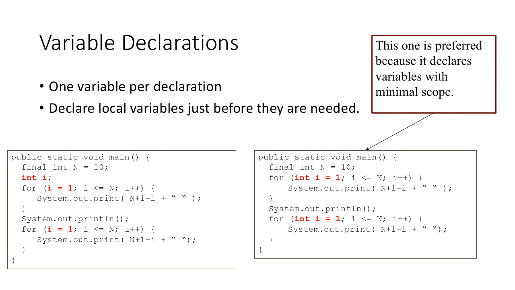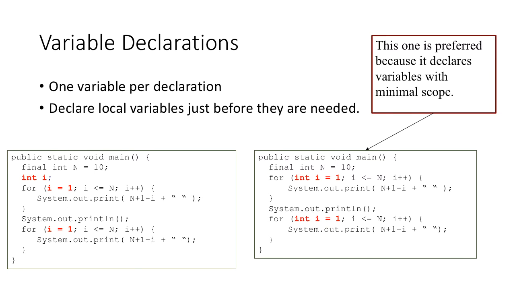Here we have n equals 10, which is one variable, and we also declare an integer i. Even if we use the final keyword, this program still works, but we typically put these two variable declarations into two lines, not one line, so that it's easier to spot where each variable is declared.